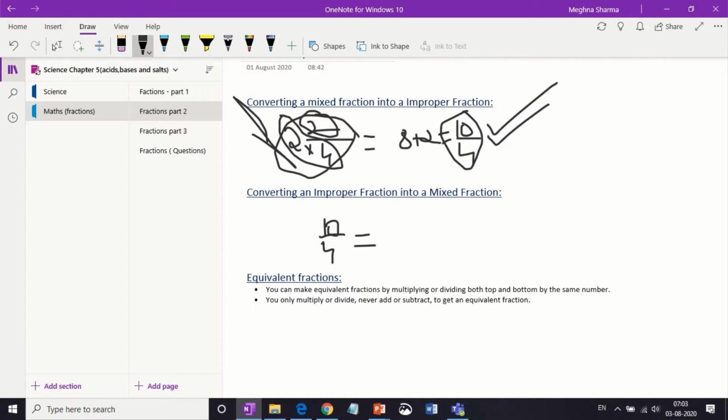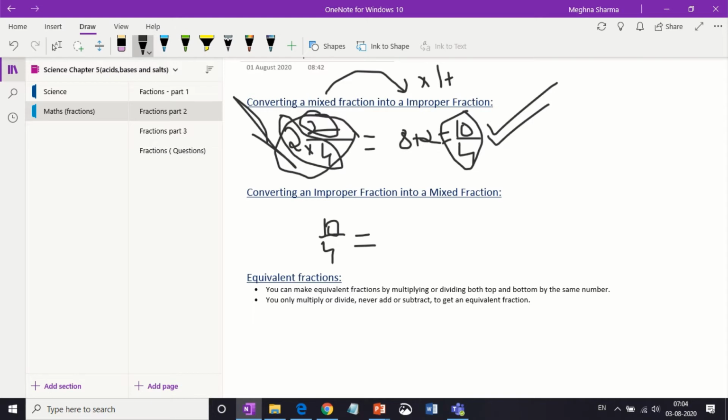Let me see whether I will get it or not. For converting a mixed fraction into an improper fraction, we multiplied the whole number and the denominator, and added that product to the numerator. Here we did two operations, multiplication and addition.